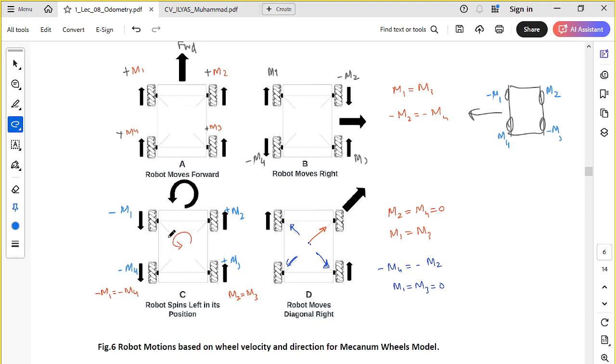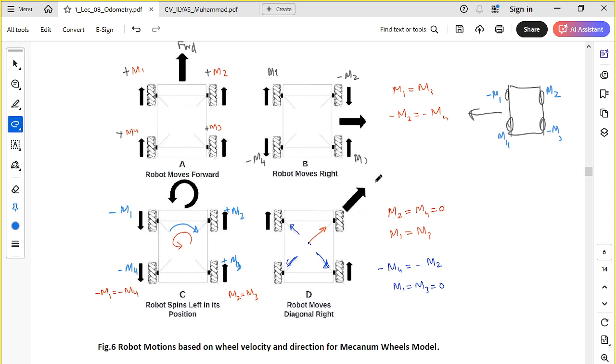Similarly, if you want to achieve clockwise rotation, you change the polarity: M1 and M3 plus plus, and M2 and M4 minus minus. So it is very convenient to change the polarity of the voltage applied to your motors, and then you can achieve leftward motion, rightward motion, counterclockwise turn in place, and clockwise turn in place.